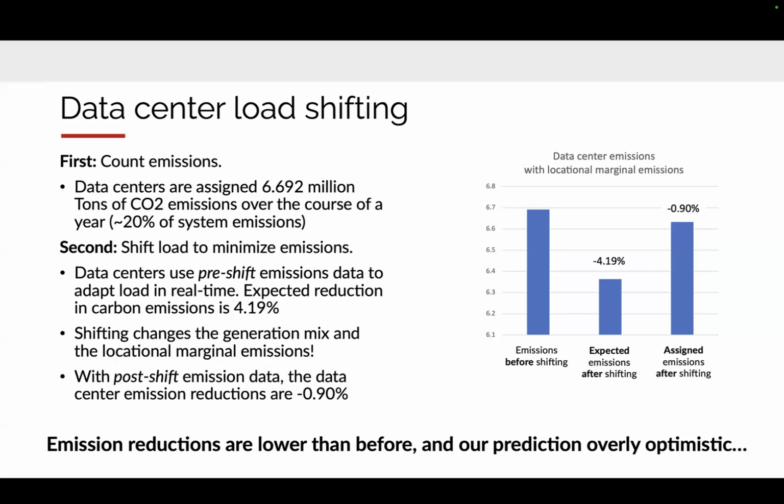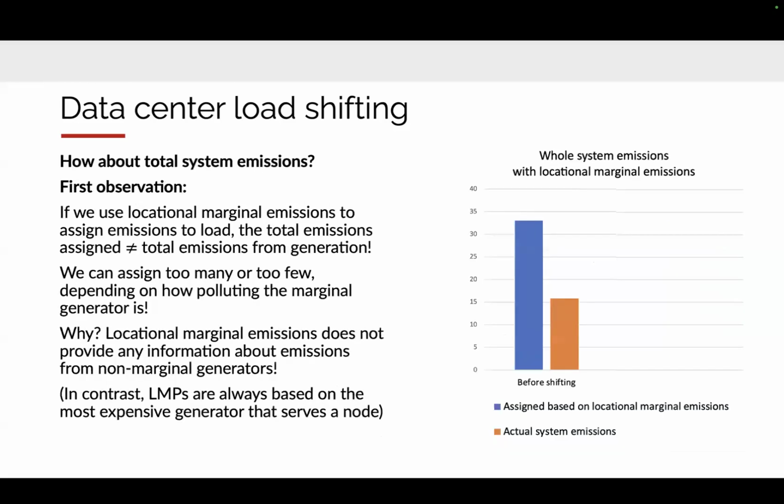In this case, I'm able to get smaller emission reductions with my load shifting. However, if any of you look closely, you would notice that the scale here is different. So here I'm looking at almost 6.7 million tons of CO2 emissions that were assigned. And previously, I only had 3 million. So average carbon emissions gave me much lower numbers.